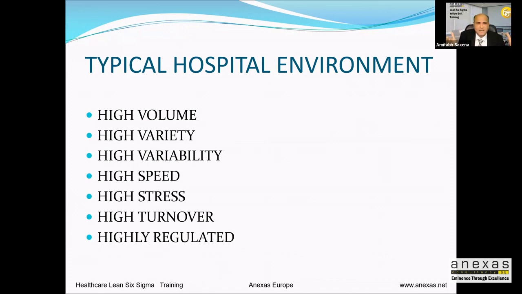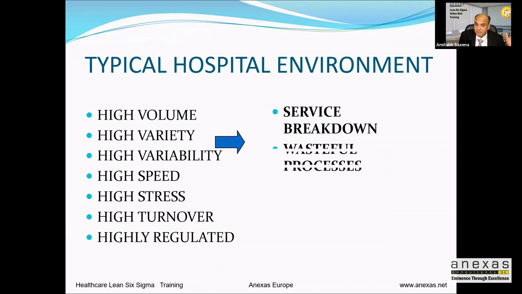But there are a lot of other industries that don't have to follow the rules and laws so stringently. But hospitals, definitely, you have to. That leads to service breakdowns, wasteful processes, and medical errors. So right now, we are going to talk about wasteful processes.